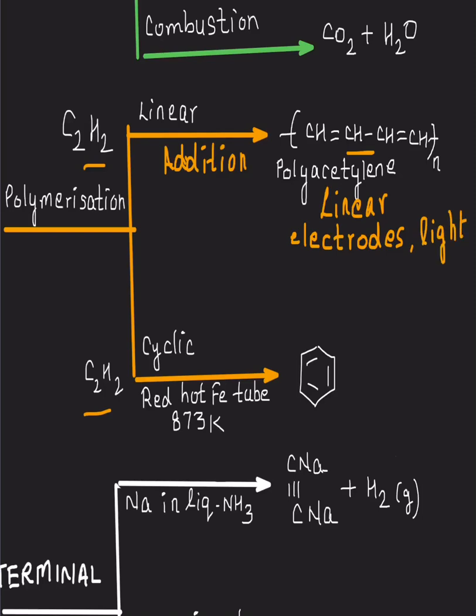Another interesting reaction of ethine or acetylene is cyclic polymerization. In cyclic polymerization, it gives you benzene. How does it do that? Let's see. To show cyclic polymerization, I am going to write the reaction in a little interesting way. So CH, CH, CH, and I've got CH triple bond CH.